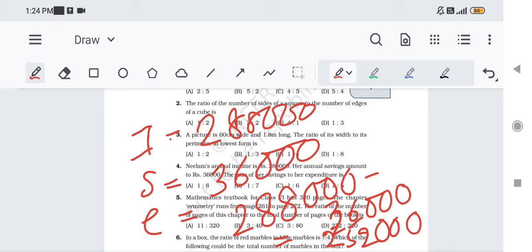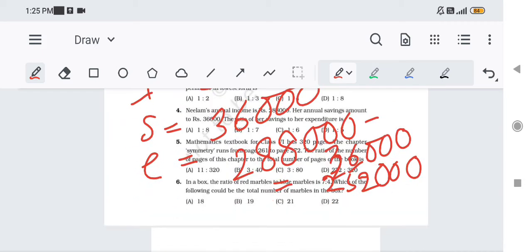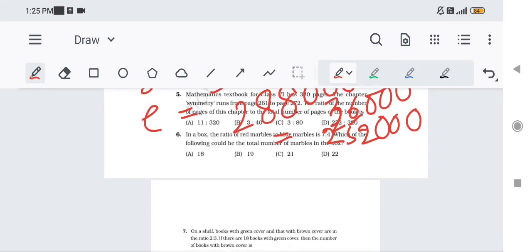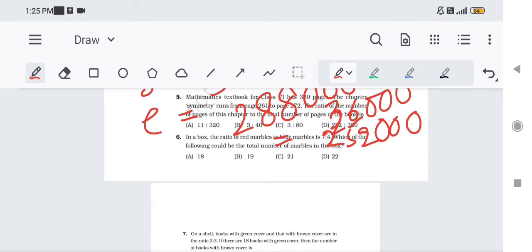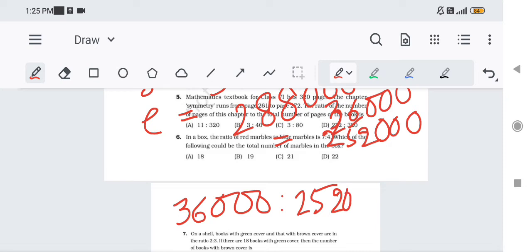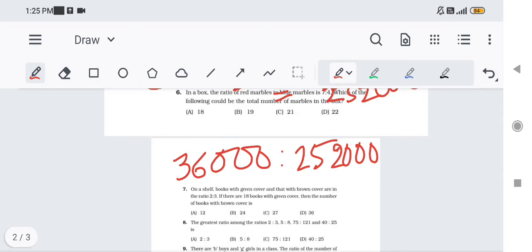Okay, so this is her expenditure. Now in the question it is asked the ratio of her savings to her expenditure. Her savings is already given, that is 36,000, and her expenditure we have found is 2,52,000. Now simply we will reduce it.